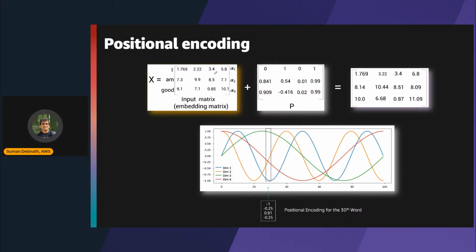That's how positional encoding works. How many functions you generate depends on the dimension of your input matrix, and then you just keep adding the value, or the magnitude, of all those functions to your respective words. So this is what positional encoding is about.